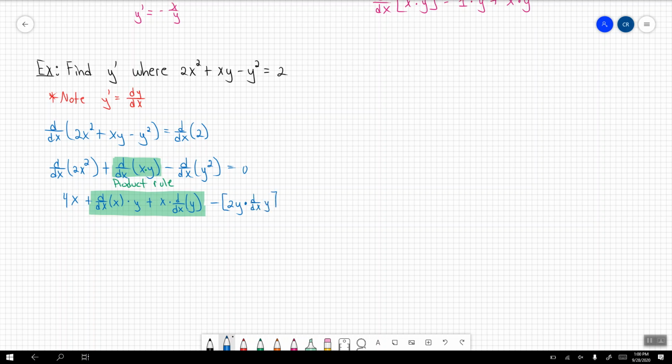And the derivative of the inside is just going to be the derivative of the function for y. So again, we use the power and the chain rule there. And I'm going to highlight that. And again, this was the power and chain rule.